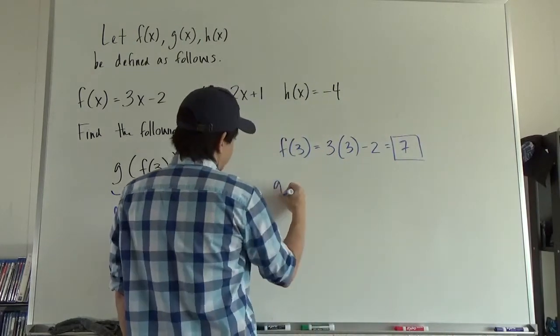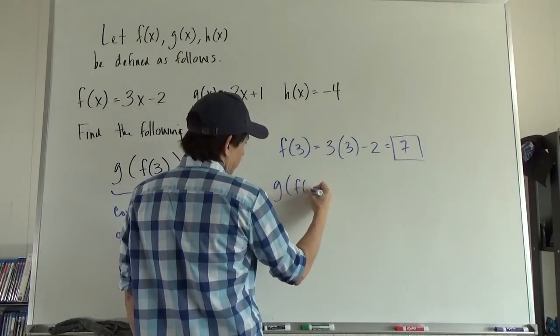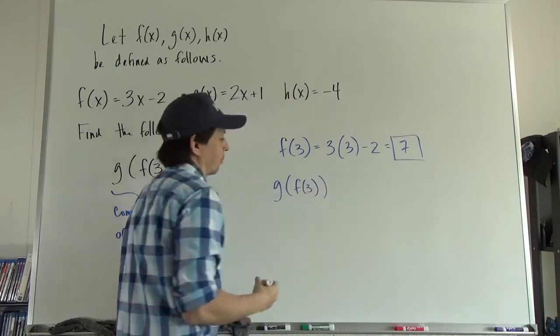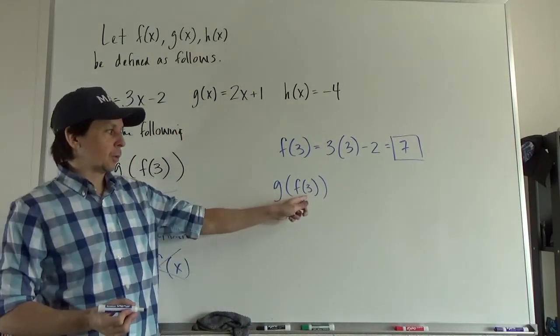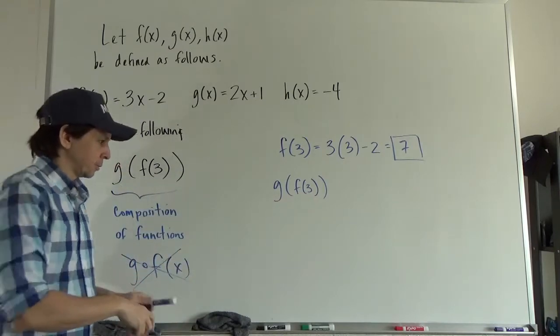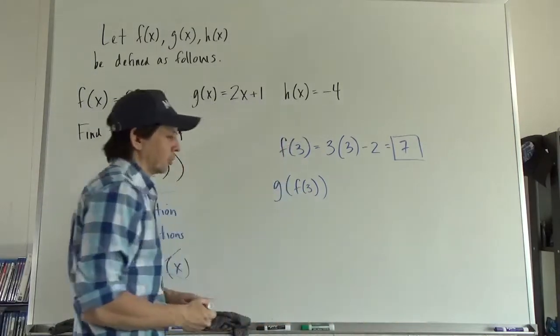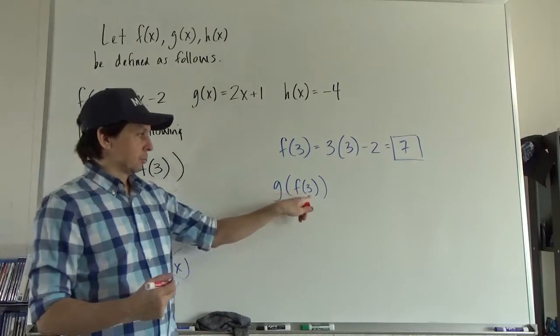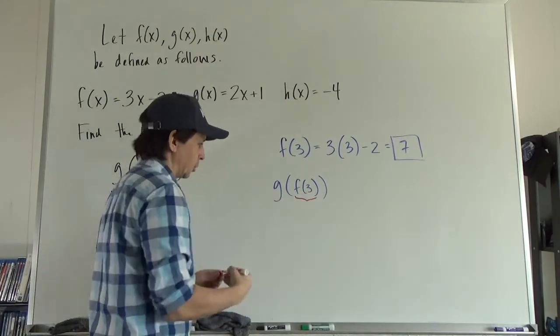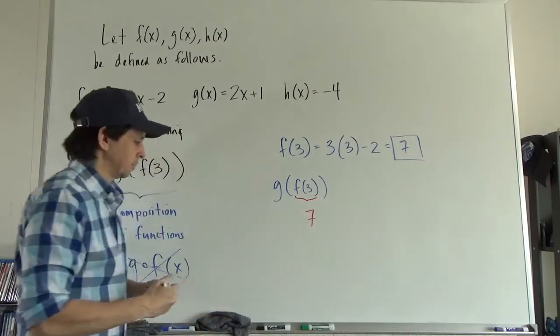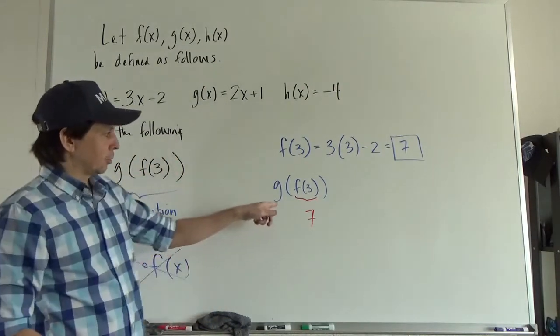The next step is to actually do our problem. I want to do g of some value, that value being whatever f of 3 is. So again, you're working inside out. First we have to do f of 3. I already did it. That's equal to 7. Then g of that.